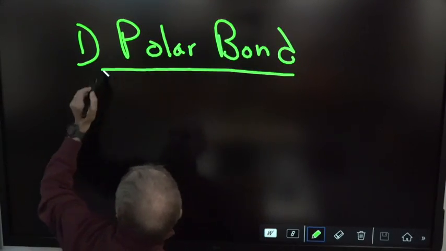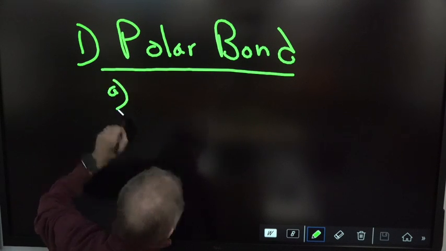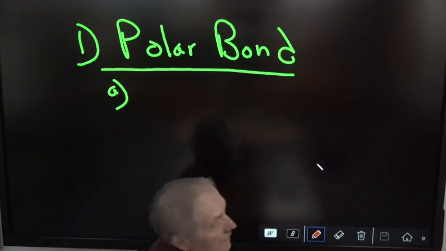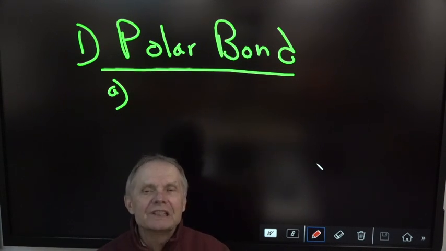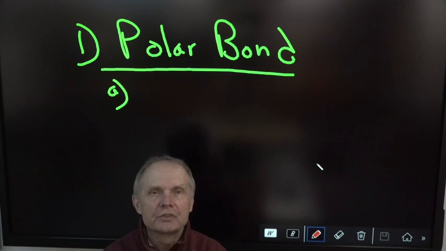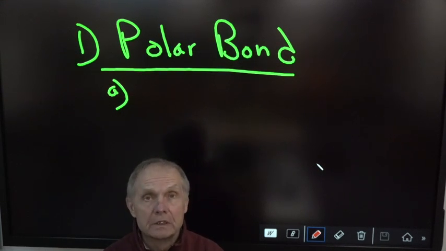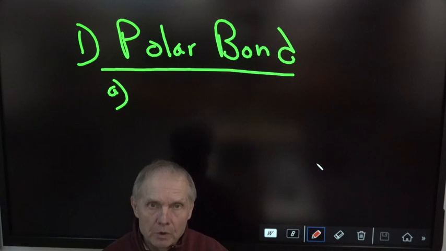Polar bond. The reason it's called a polar bond is because the two nonmetals don't share equally. So the definition of a polar bond is this.